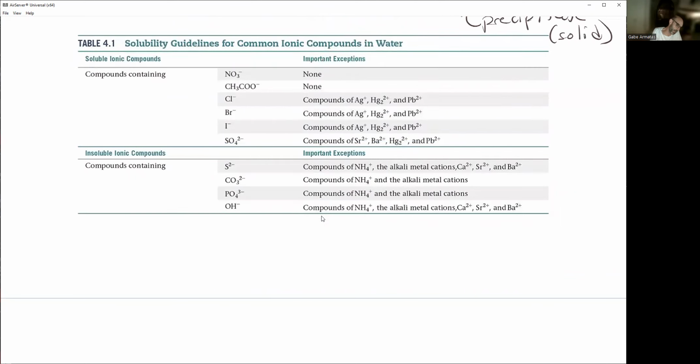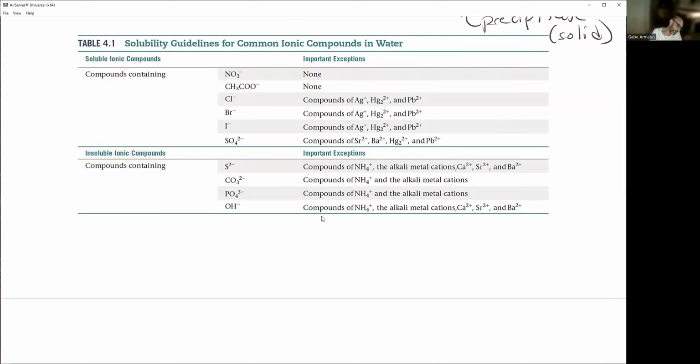Okay, so soluble ionic compounds are on top, and the insoluble ionic compounds are going to be on the bottom.